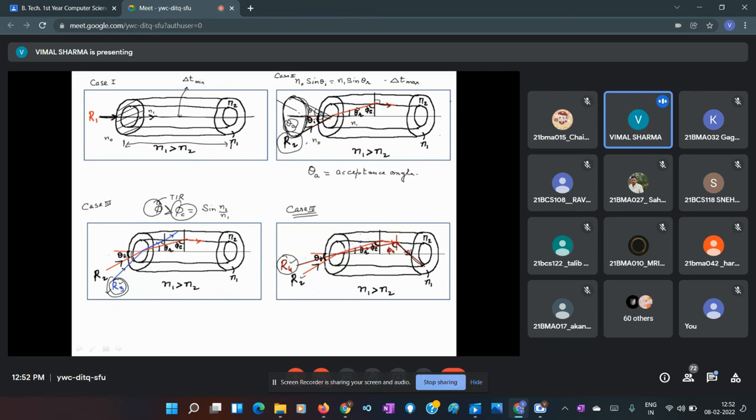Whatever light is incident on this cone gets propagated. इस cone के बाहर से कोई ray आएगा like this, that is not accepted by the optical fiber. You can see here, this is my cone, and this ray R3 is not within the cone, but here you can see this is the cone of acceptance, and this R4 is within the cone, and this is accepted by the optical fiber.